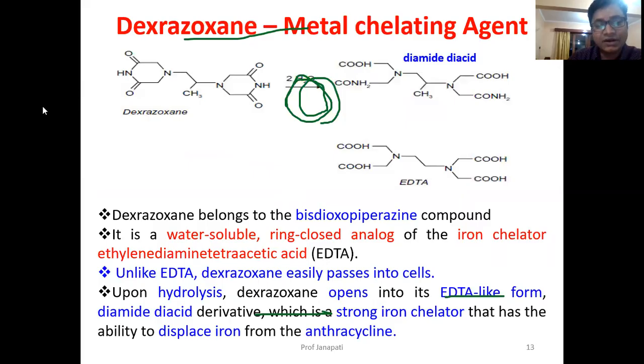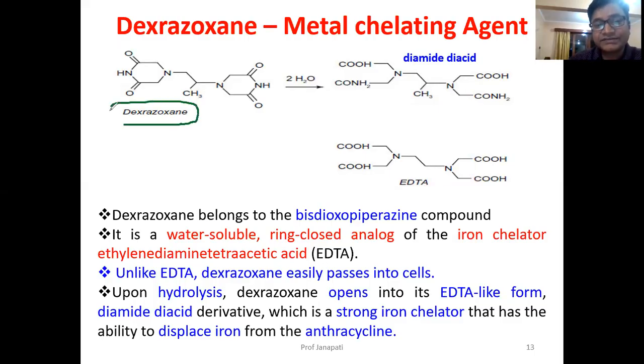Now let us learn how this drug dexrazoxane will affect and prevent free radical generation. This is the drug dexrazoxane.